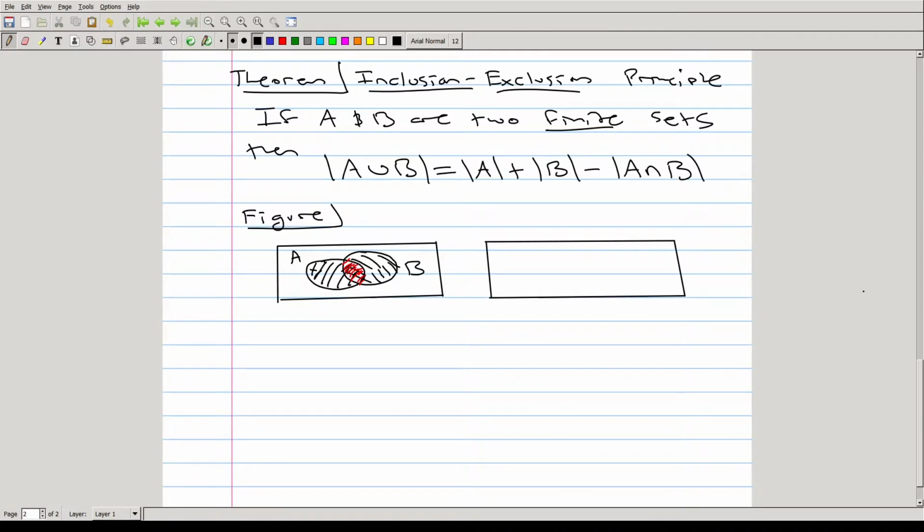And the proof is going to be directly dependent on the previous two lemmas and our set identities.